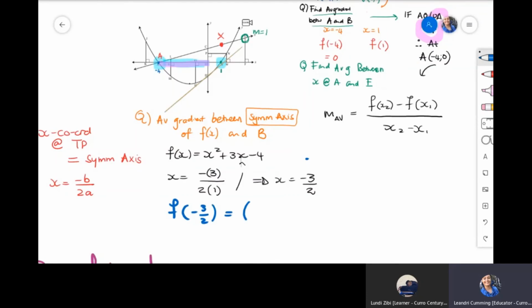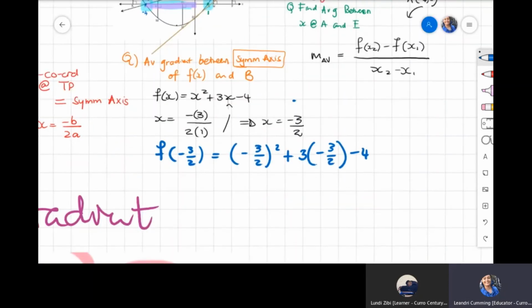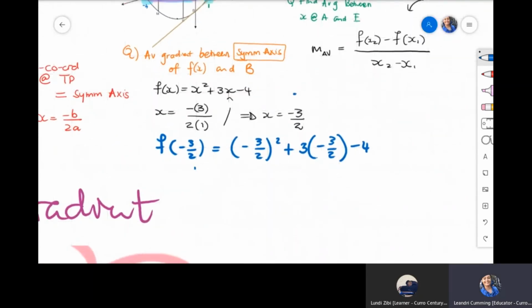Subbing it back in, and finding that we will have the y coordinate at this point. Let me work that out quickly just to be accurate.